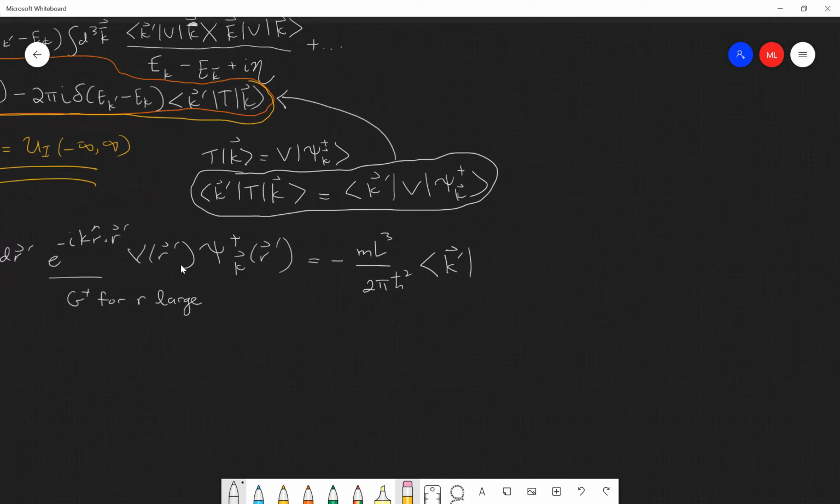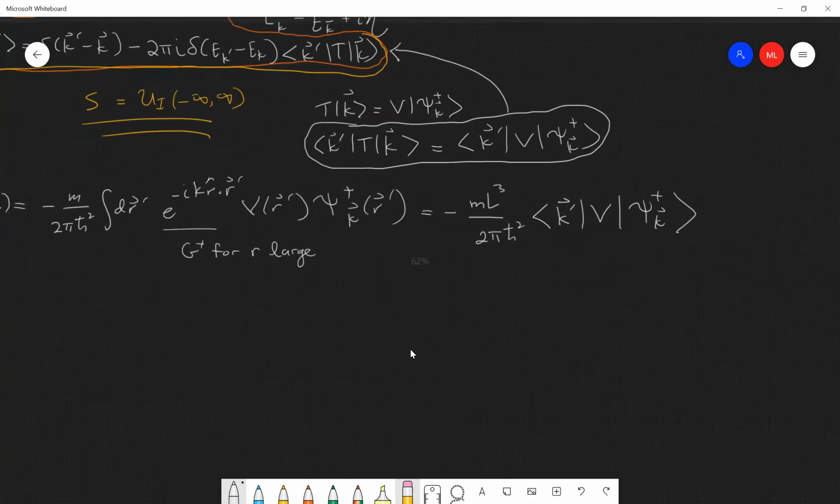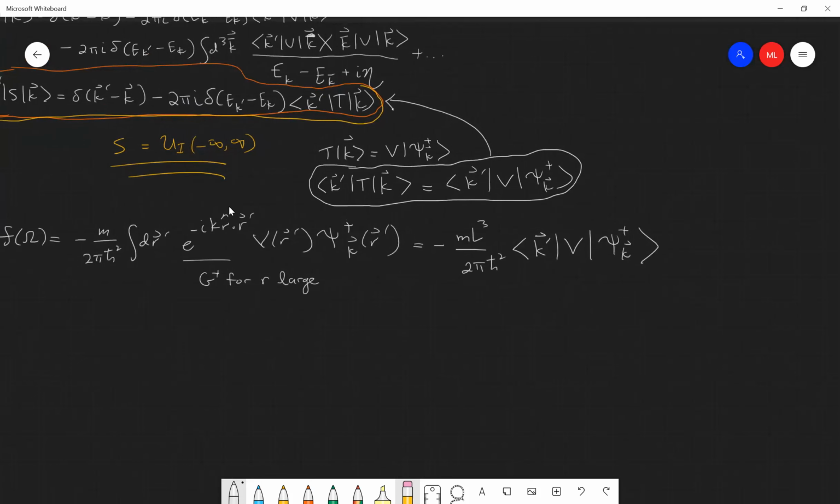Then we can write this matrix element as just the following, because all this is a plane wave in the k prime direction. Remember, the k prime vector points along r hat and has the same magnitude as k. So this is just k prime, and this L cubed gives the right normalization to these plane waves. And so you just get this.